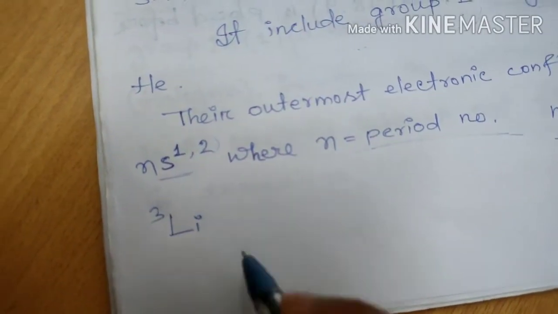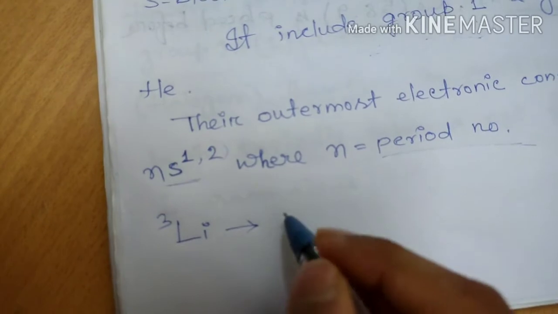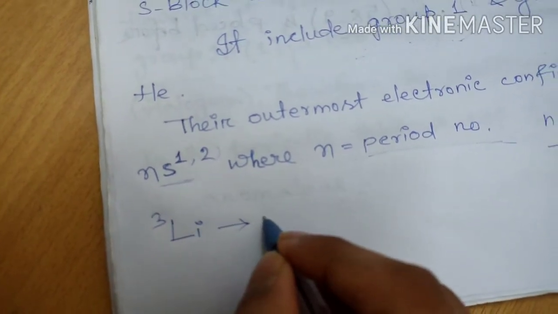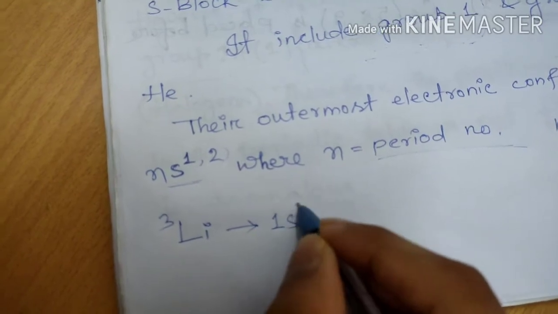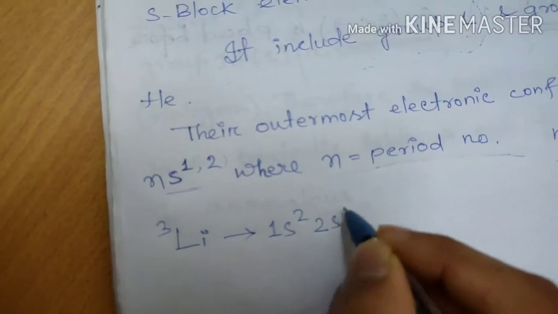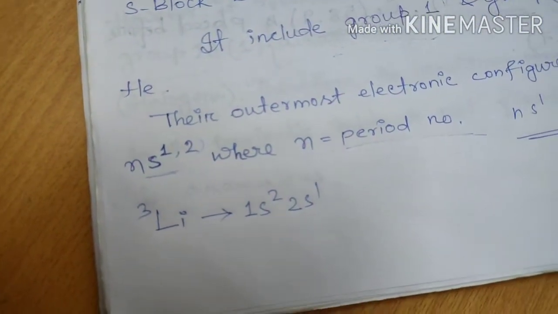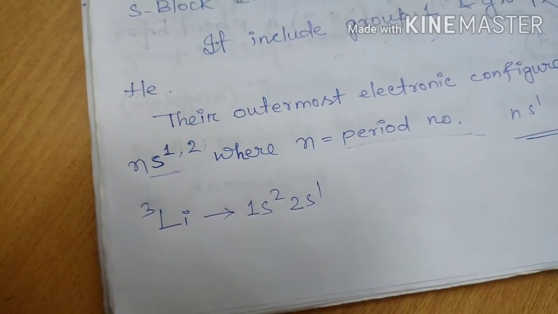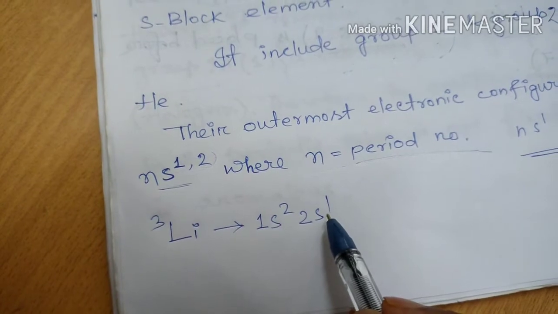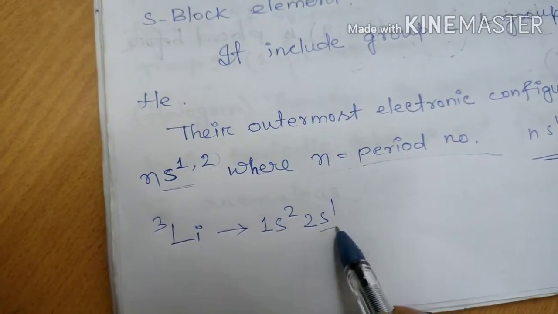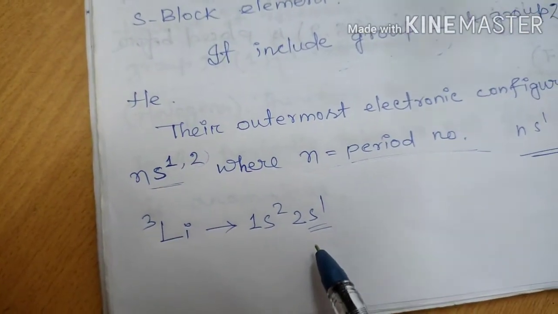Okay, so here the electronic configuration will be 1s2 2s1. Here you see the last valence electron enters the s orbital.